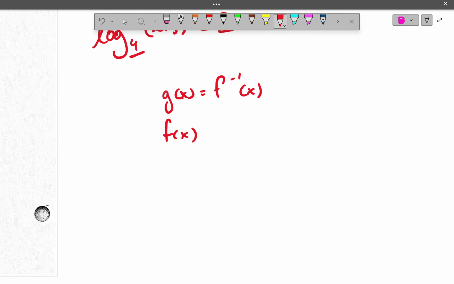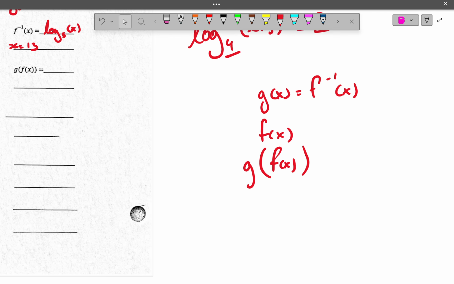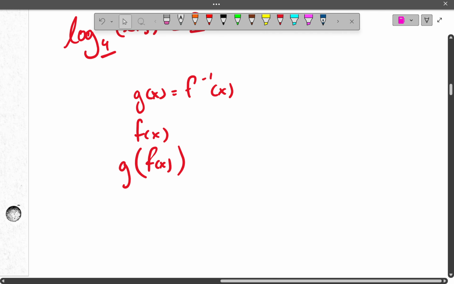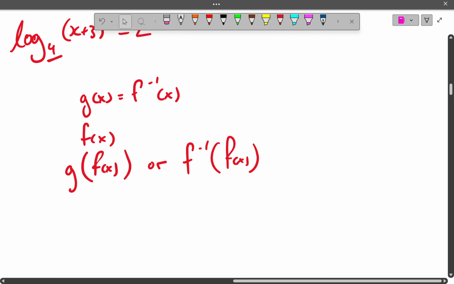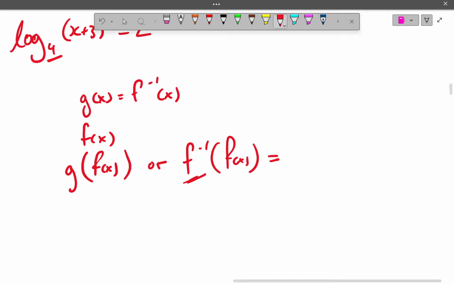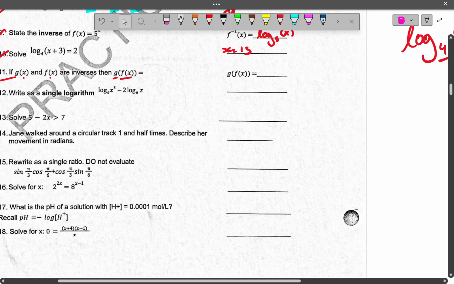And it asks, what happens when you do g of f of x? Or you could write it as the inverse of f of x. What would happen here is that your inverse and your function are going to basically cancel each other out, and you'll just be left with x on its own. And that's actually the answer here. So it's simply x.